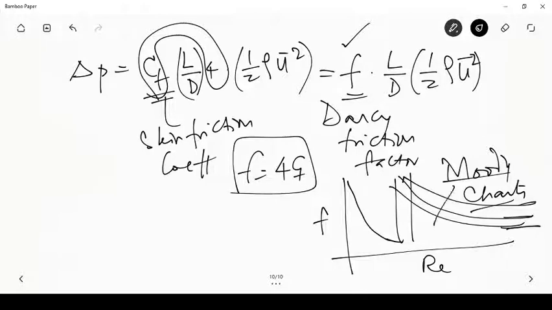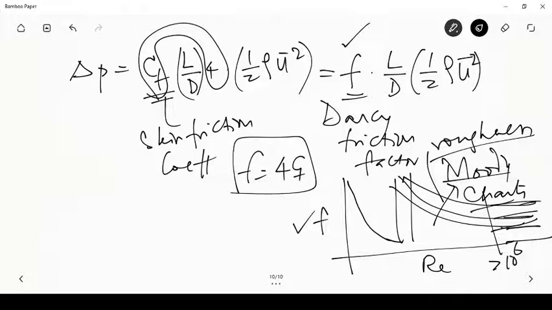As the roughness of the wall increases, the F value increases at large Reynolds numbers. But as the Reynolds number becomes very large, greater than 10 to the power of 6 or so, the F values more or less stabilize to constant values. This is available in fluid mechanics textbooks, and usually we use this for finding the pressure drops when we know the mean flow rates through the flow, and therefore mean velocities.